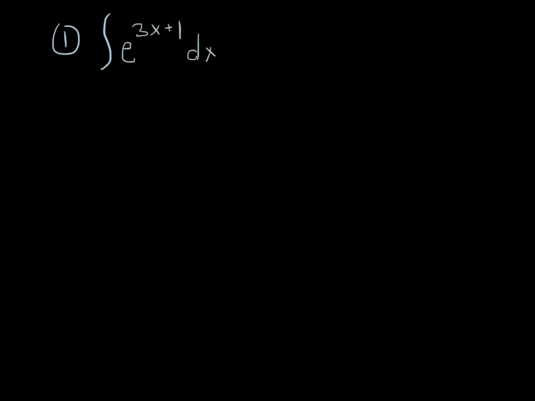now this is not just e to the x, so we need a little chain rule. So du is 3 dx, so we need a 3, and we're going to cancel out with a 1/3.